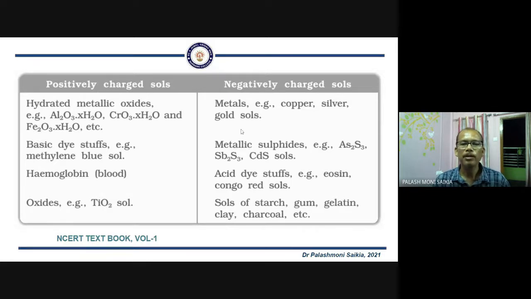But still, we can have a generalization that all metal oxides and hydroxides and all basic dyes are positively charged, and all metal sols, metal sulfides and all acid dyes are negatively charged sols. So this table you always have to keep in mind, because this simple table can help you to answer short questions which are generally asked from the colloidal section.